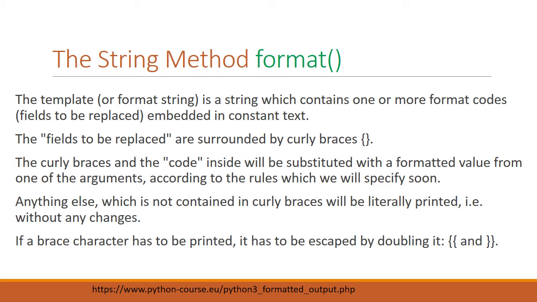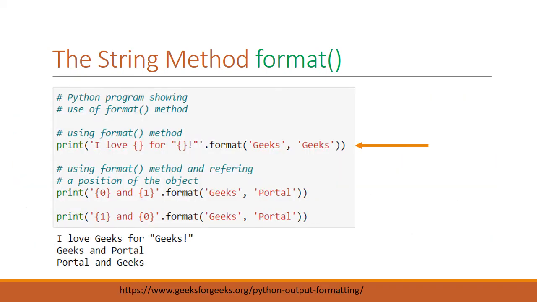The curly brackets and the code inside will be substituted with a formatted value from one of the arguments in the format method. Anything else which is not contained in curly brackets will be literally printed. If the brace character has to be printed, you need to use an escape character.